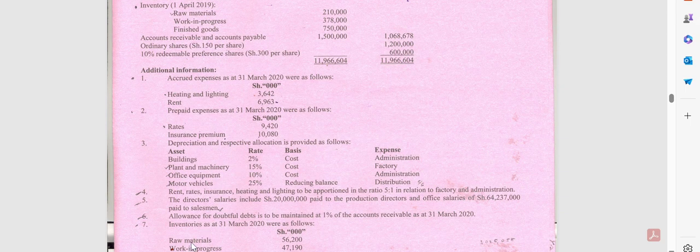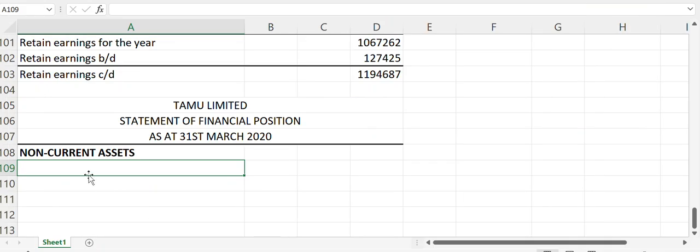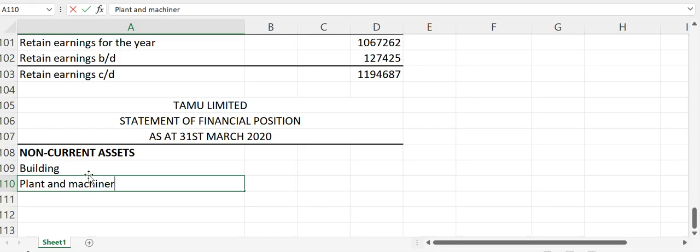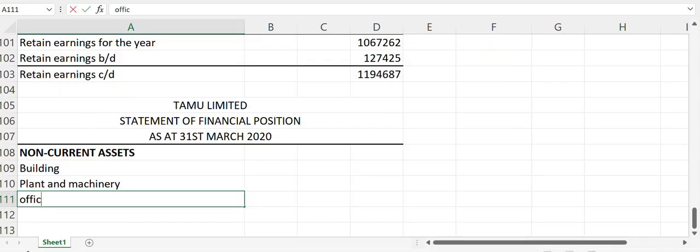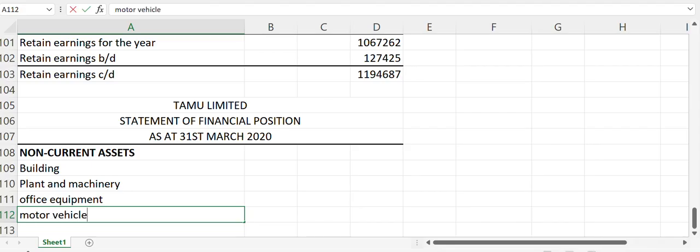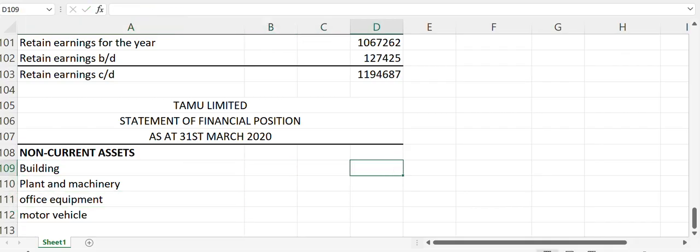So we have building, plant and machinery. So we have building, we have plant and machinery, we have office equipment, and we have motor vehicle.